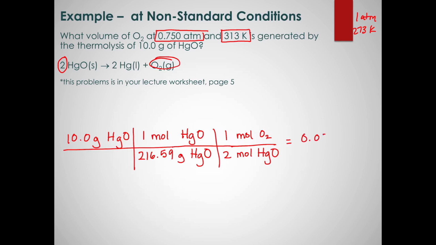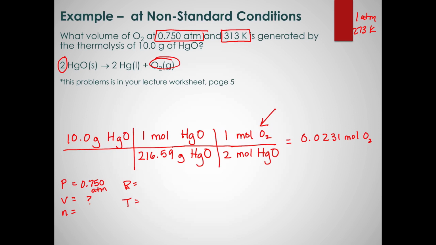So we get 0.0231 moles of O2. And the way that we will go about finding our volume is we will use PV = nRT. If we're not at STP, we have to stop our train tracks at moles and use PV = nRT to figure out our volume. So we have P, V, n, R, and T. Our pressure is 0.750 atm.